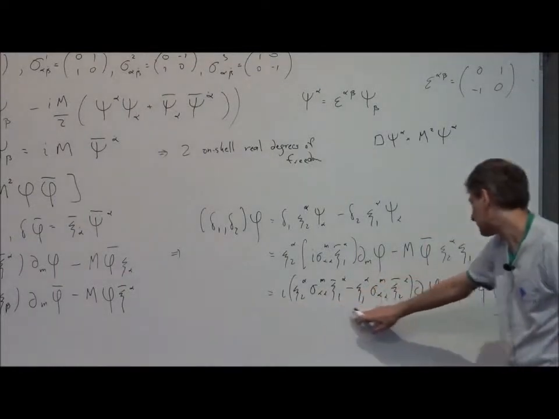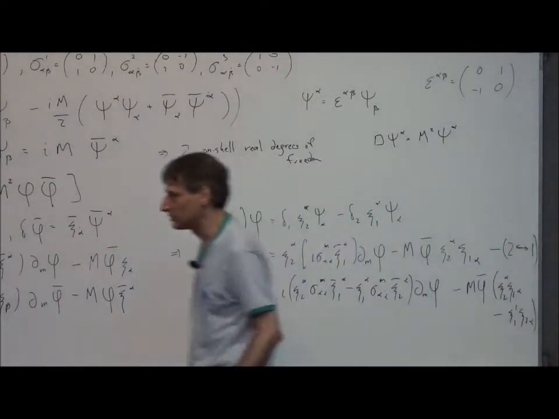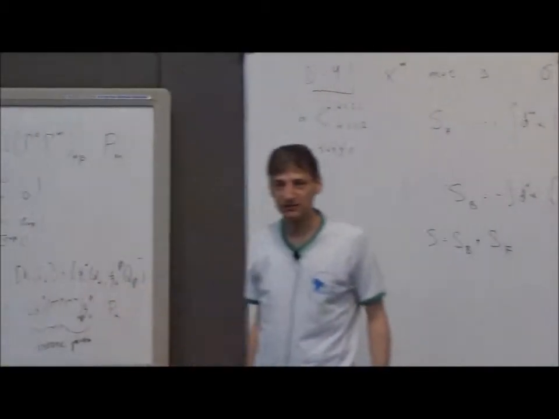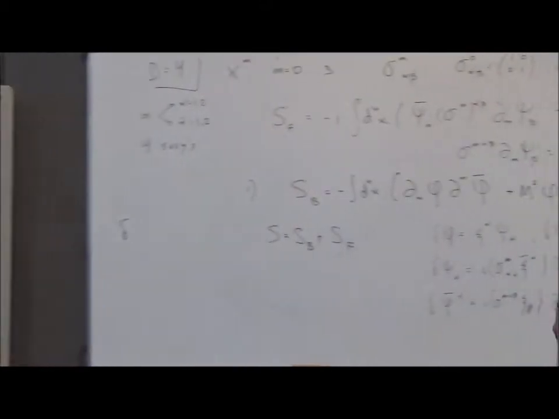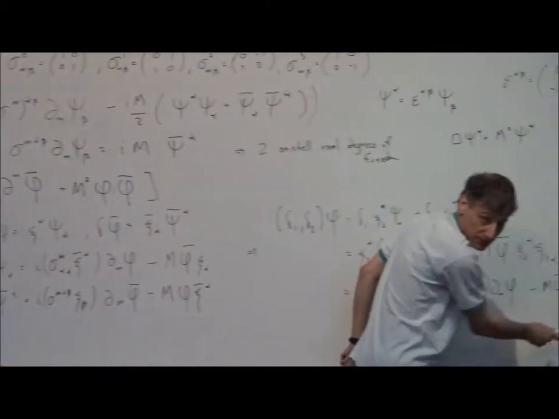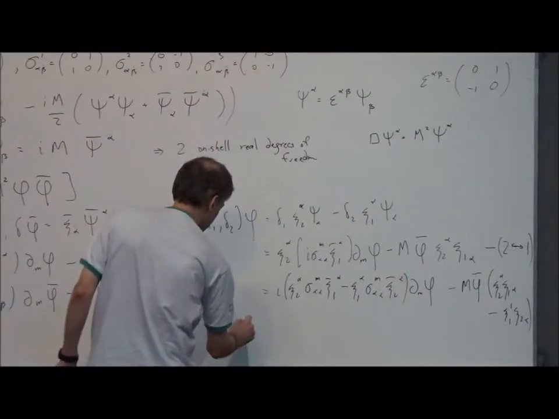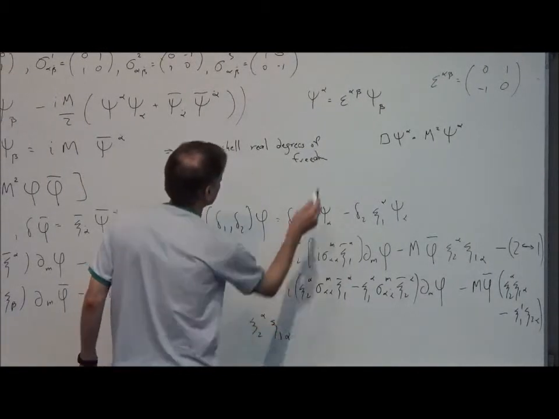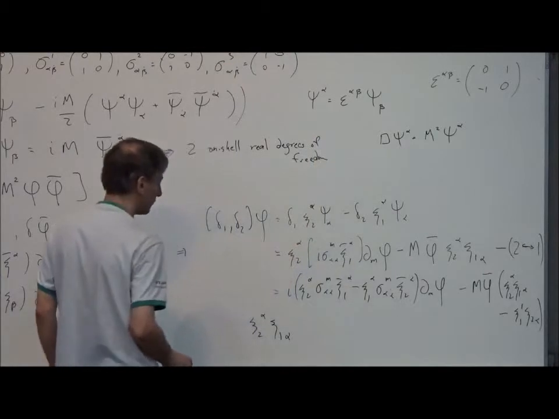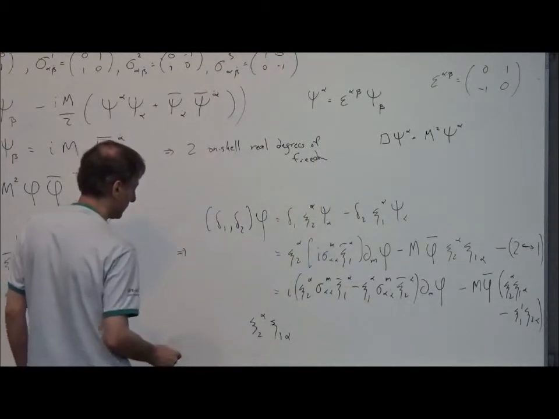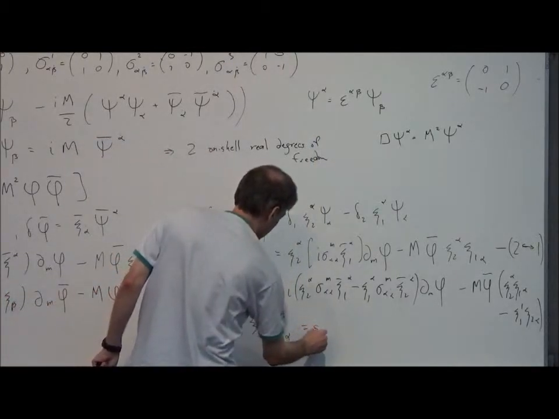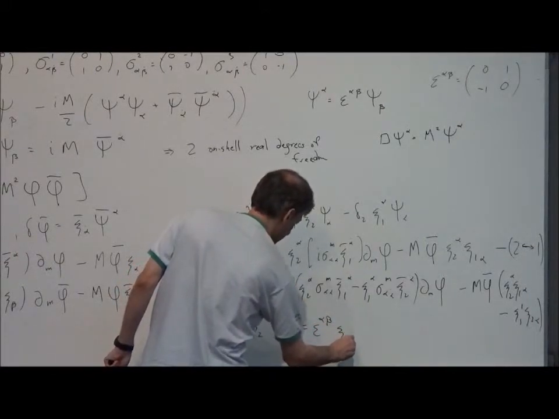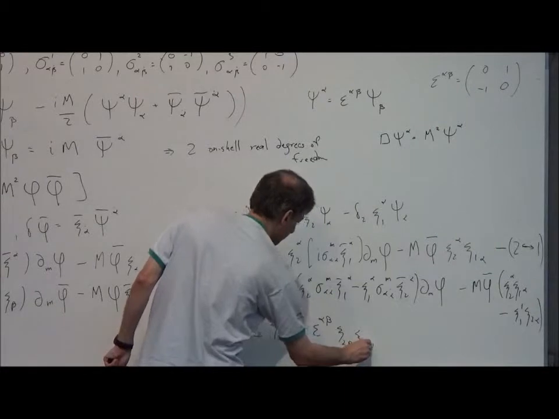What we want is this, because this is going to reproduce this up to a coefficient. So this thing should vanish. Well, let's check that this vanishes. So psi 2 alpha, psi 1 alpha, we have this definition of what the raising and lowering means. So we can write this as epsilon alpha beta, psi 2 beta, psi 1 alpha.